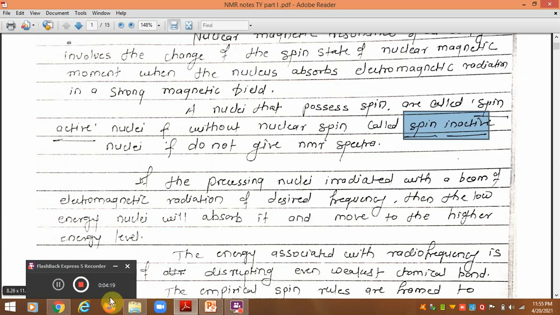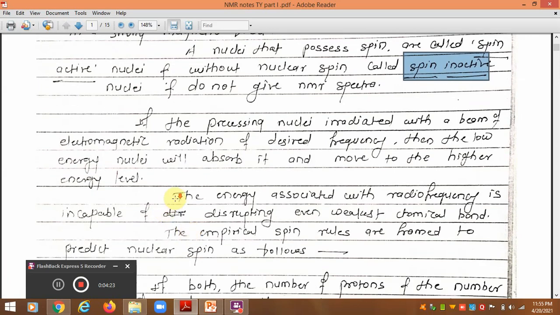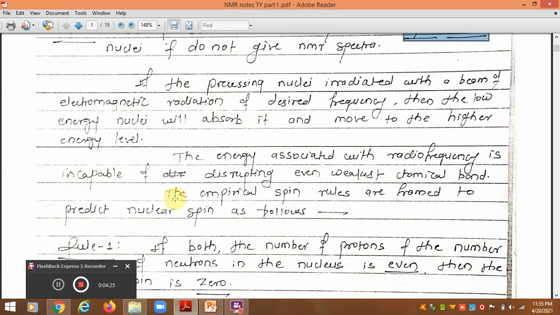If the preceding nuclei are irradiated or exposed to electromagnetic radiation of the desired frequency, then, as I already told you, the nuclei will absorb the energy from the electromagnetic radiation and move from a lower energy level to a higher energy level. This is very important, and the change in the energy level of the nuclei is responsible for NMR spectroscopy.